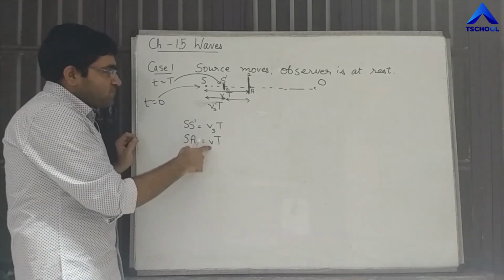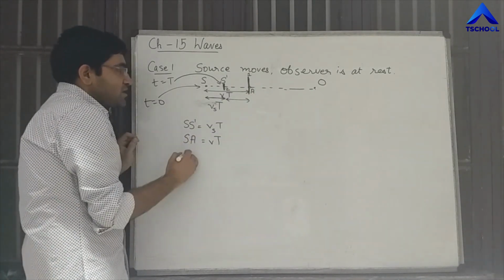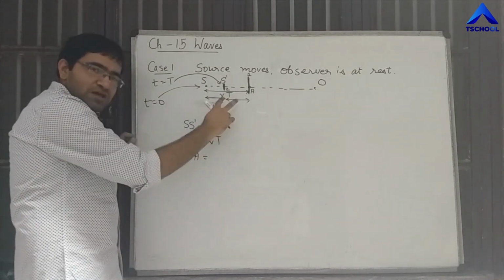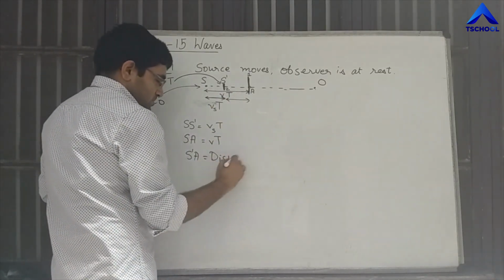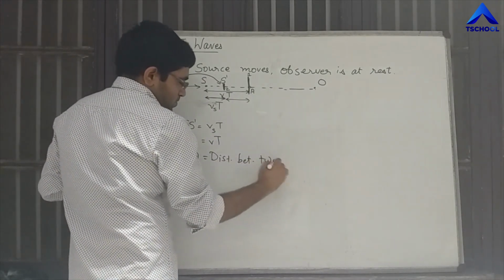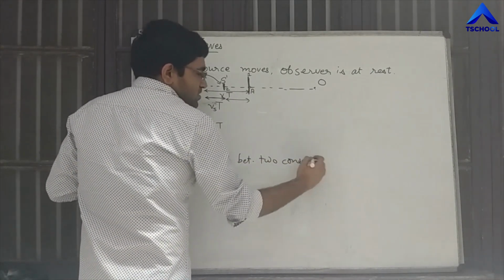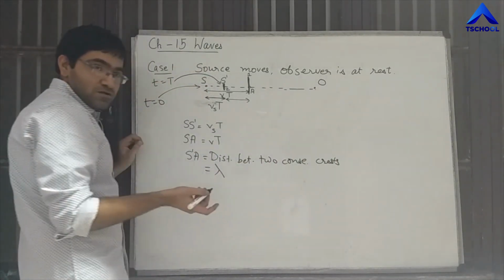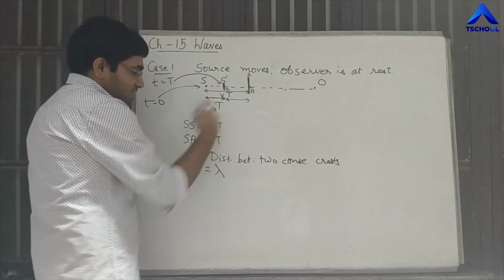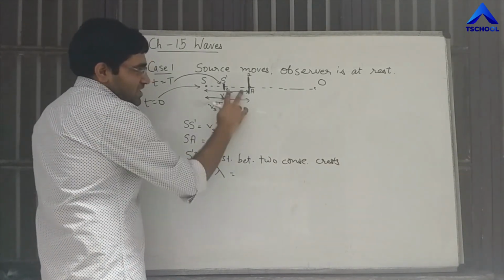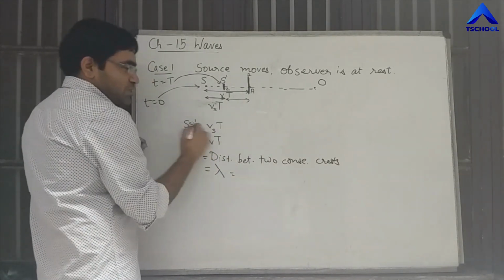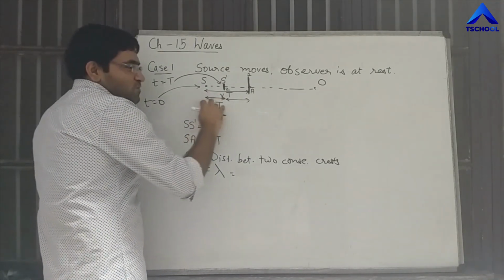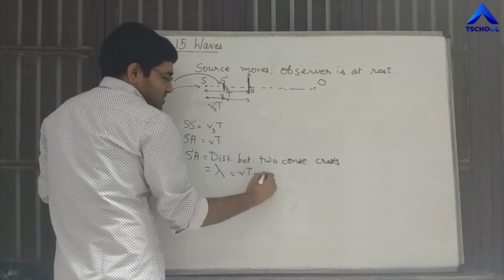And so finally the remaining distance S dash A is nothing but the distance between two consecutive crests, that's nothing but the wavelength, correct? So the wavelength is S dash A, but that S dash A is equal to SA minus SS dash. So that's VT minus VsT.